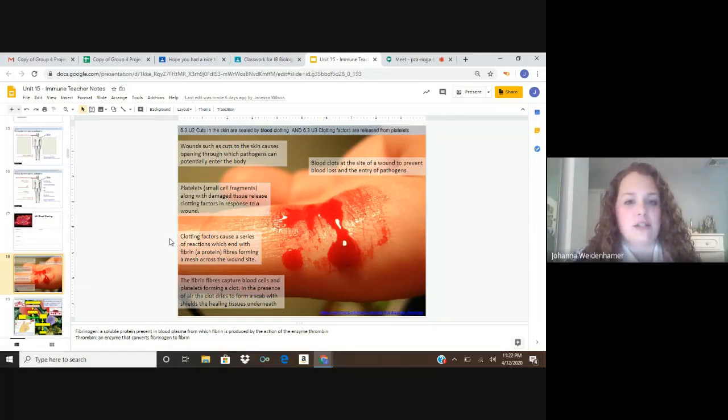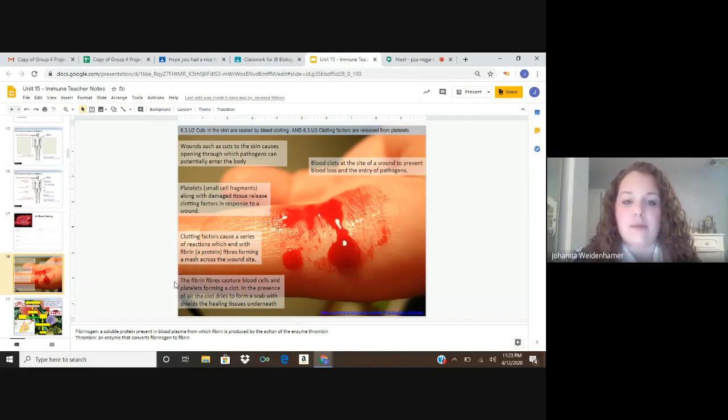These clotting factors are going to cause a series of reactions which end with fibrin, a protein, and these fibrin fibers are going to form a mesh across the wound site. So that message that was sent is going to make fibrin, this protein, create a mesh to start closing up that wound.